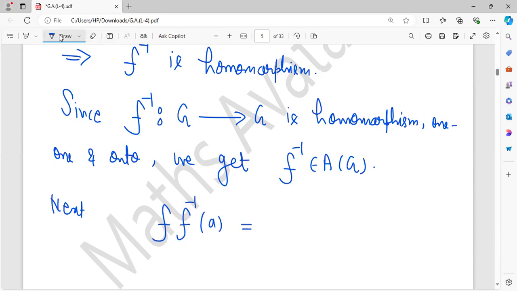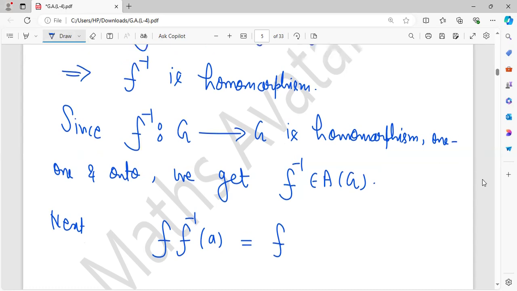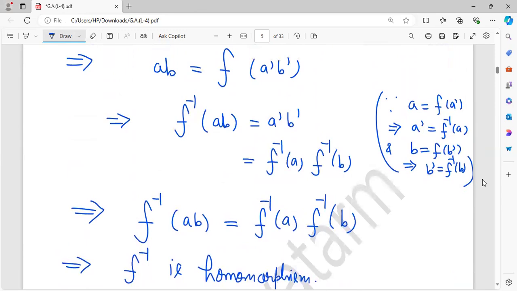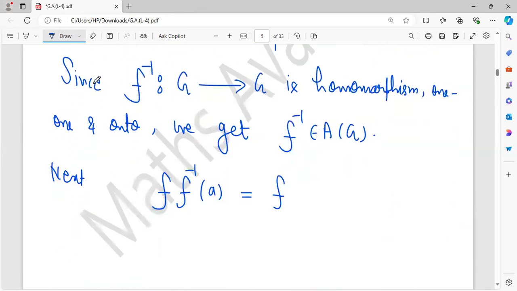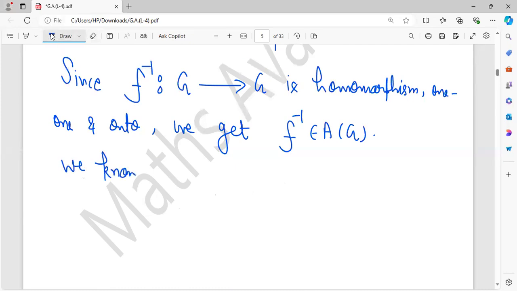We know that if you take the composition of f with its inverse, that always gives you the identity map.